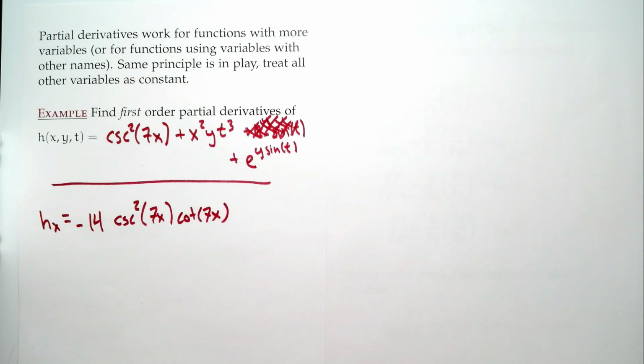You're probably thinking, oh, you made a mistake. You put cosecant squared. I'm not done yet. Times the derivative of cosecant. What's the derivative of cosecant? Negative cosecant cotangent. So that's where the negative came from. So that's where my second cosecant came from. That's where my cotangent came from. And then where did my 7 come from? Because I got to 14. Multiplied by 7 by the chain rule. It's all there. Good. And, well, except I'm running out of space.